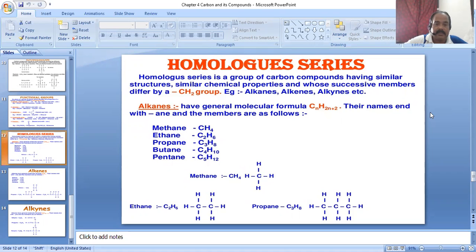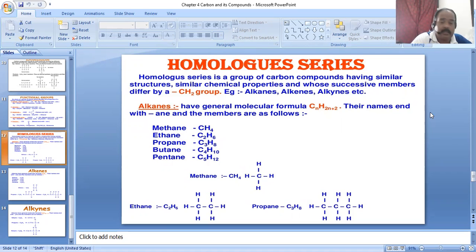Alkanes have the general molecular formula CnH2n+2, and their names end with the suffix ane. The members are methane, ethane, propane, butane, pentane.